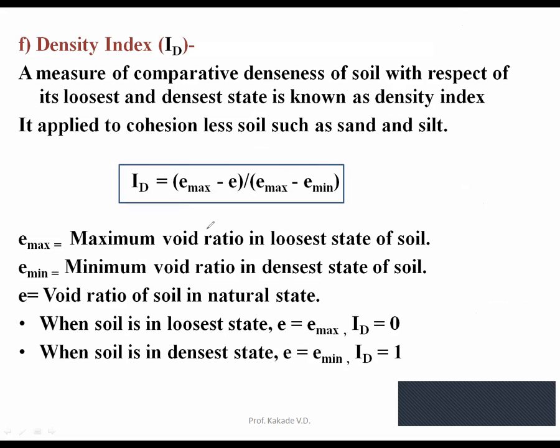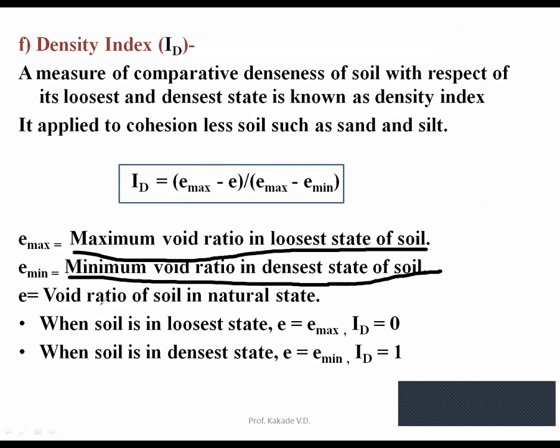So Emax is the void ratio in the loosest state of the soil, Emin is the void ratio in the densest state, and E is the void ratio in the natural state.